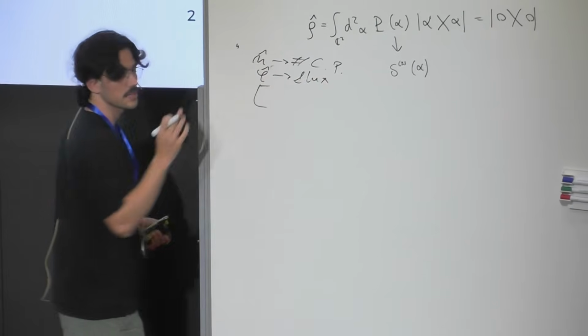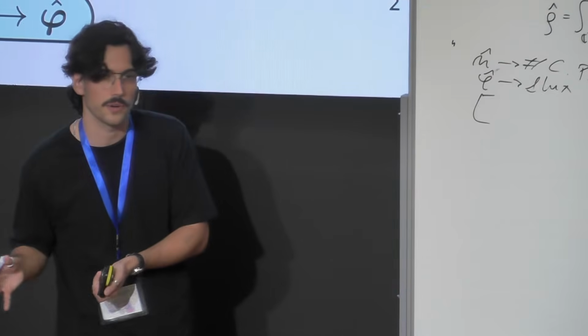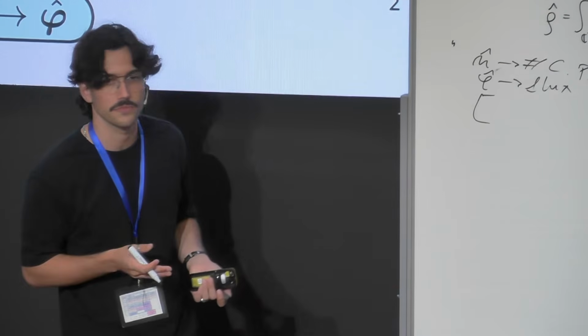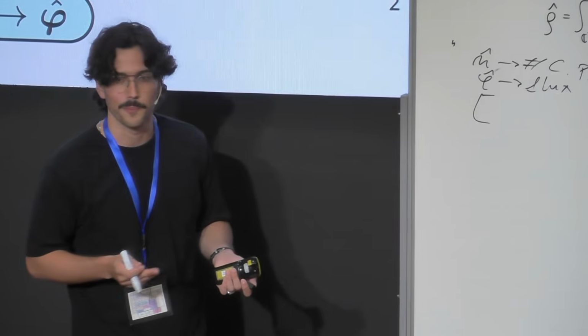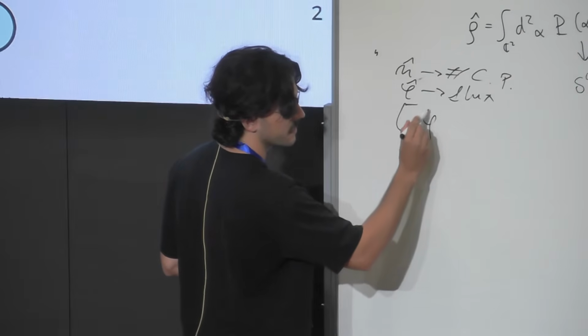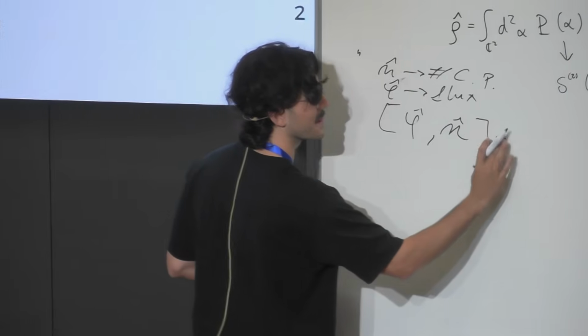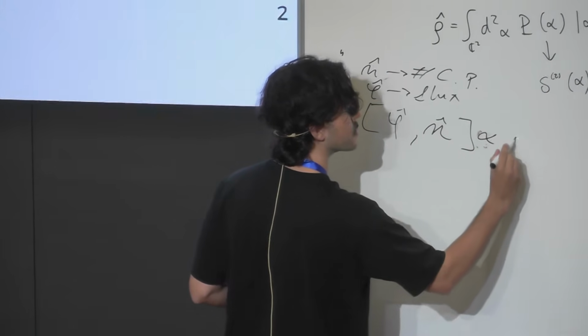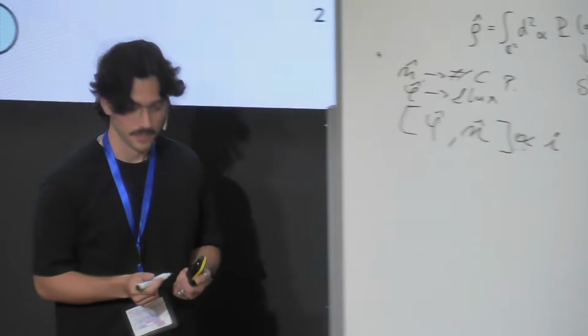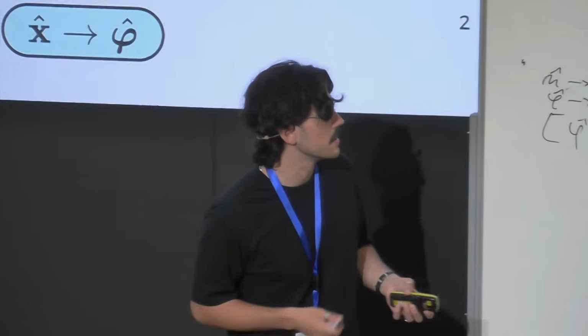Since these are more or less equivalent to position and momentum, we can take the formalism that's already done in quantum mechanics and extrapolate it to this kind of circuit or system. Basically, we will demand, sorry if the sign is wrong, I always make this the other way around, something proportional to i. This is the canonical quantization of quantum mechanics.